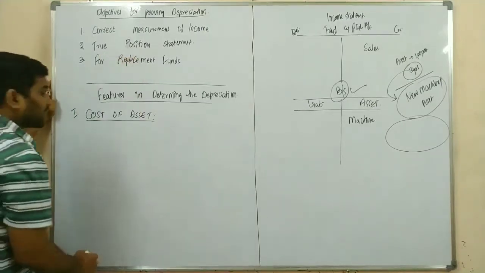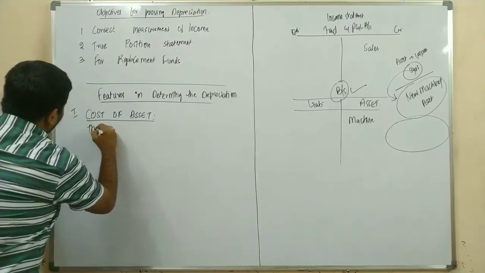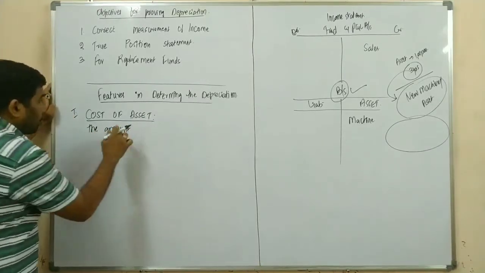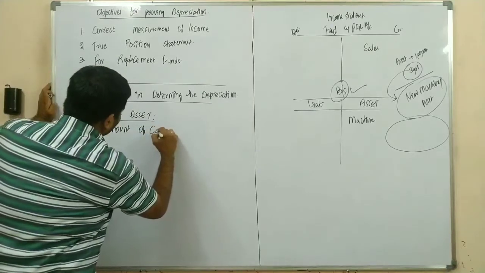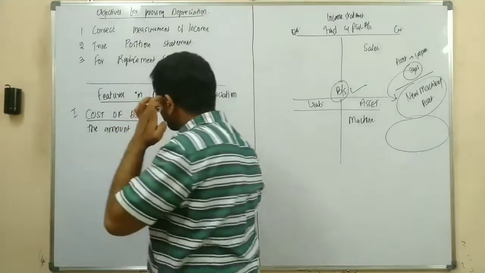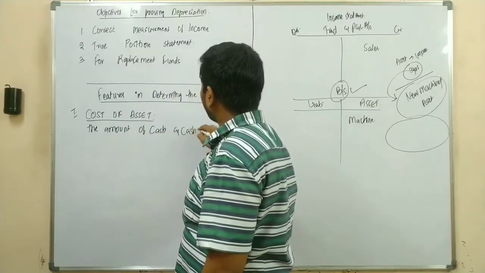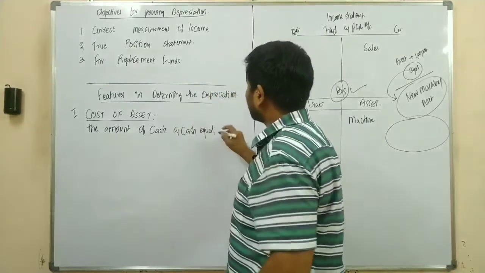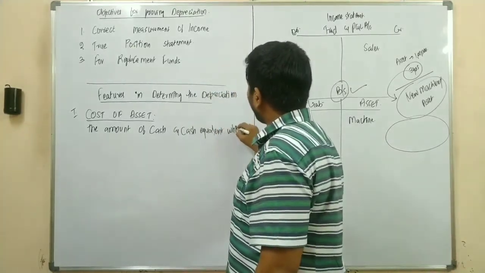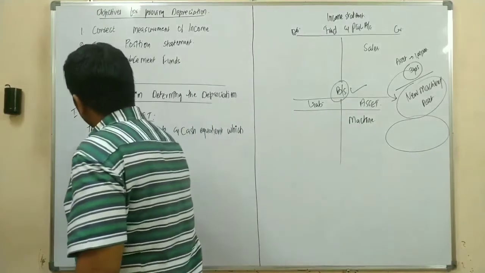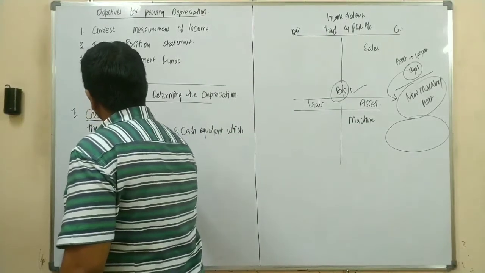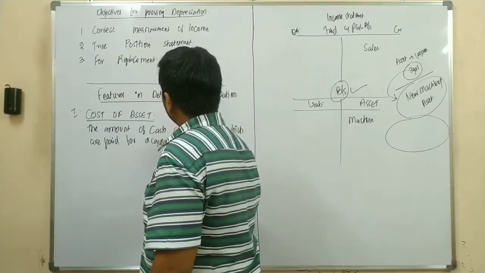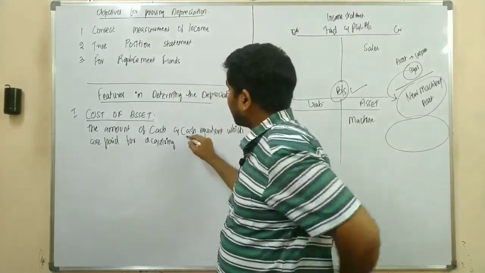The cost of the asset is nothing but the amount of cash and cash equivalents which are paid for acquiring the asset.